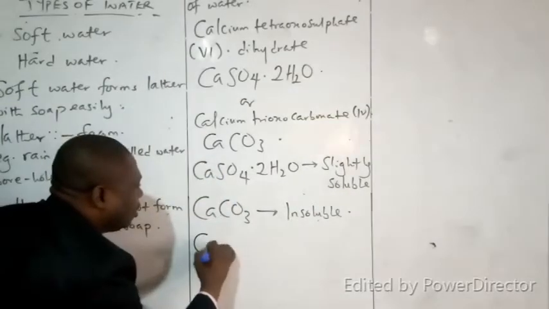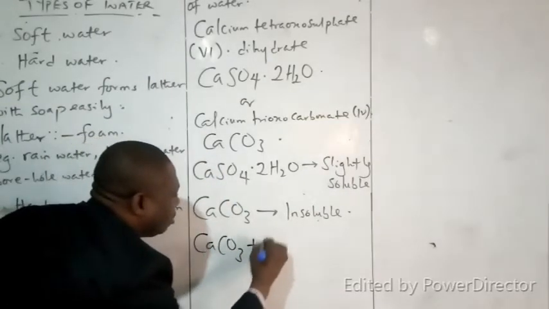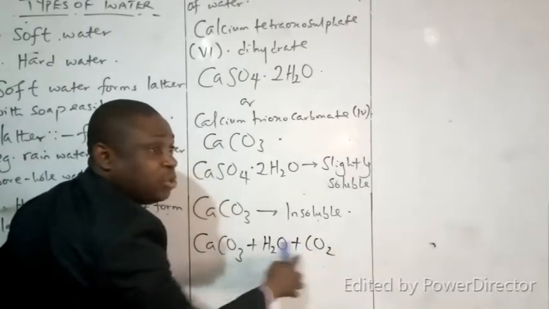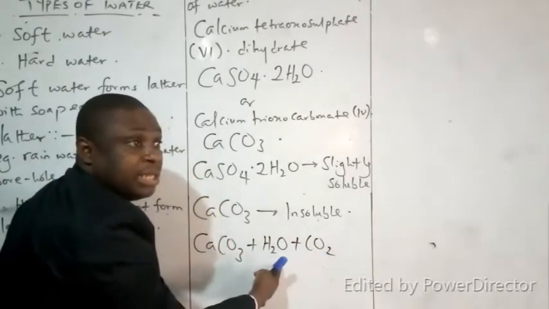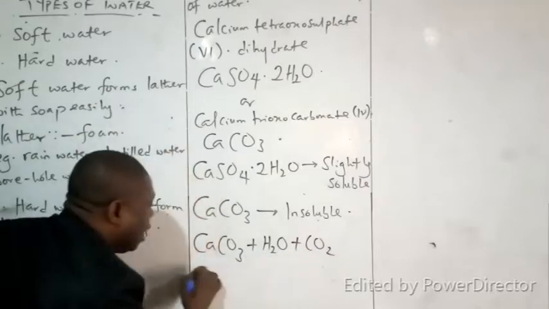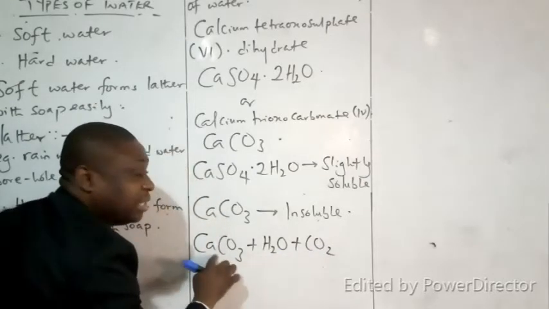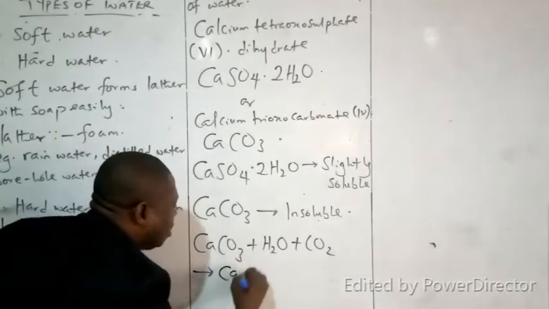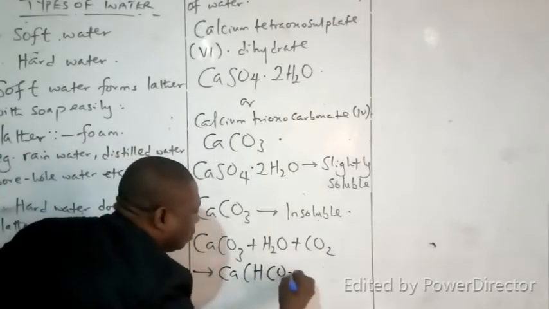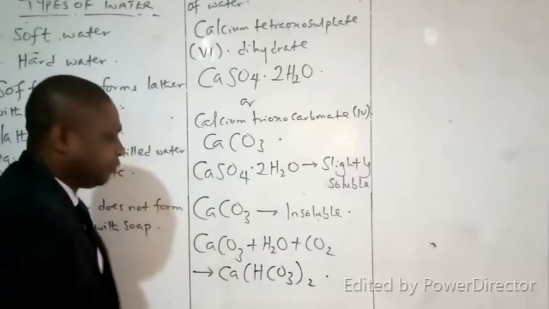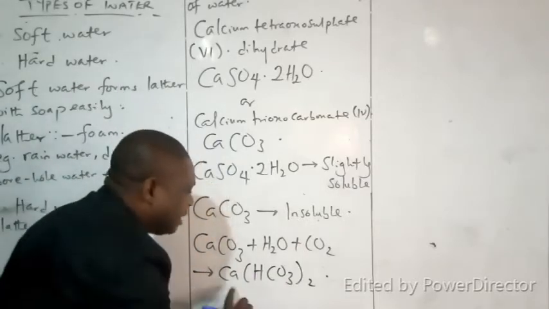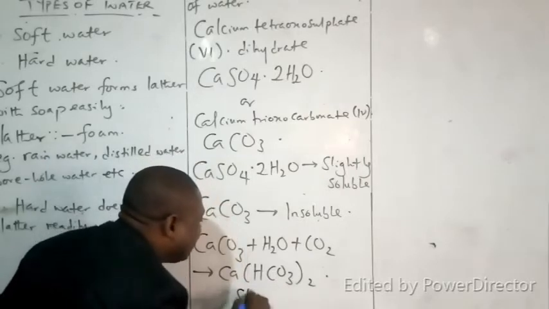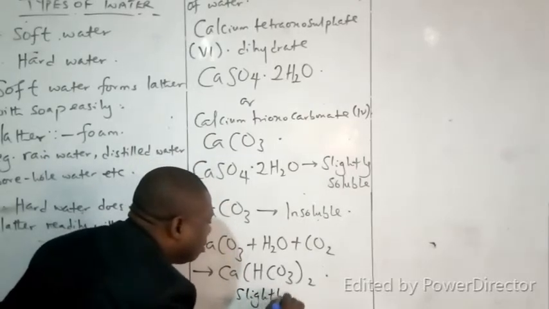And so the equation becomes this. This depicts that you have carbon(IV) oxide dissolved in that water, and it makes the calcium trioxocarbonate(IV) dissolve to give us calcium hydrogen trioxocarbonate(IV), which is now slightly soluble in water.